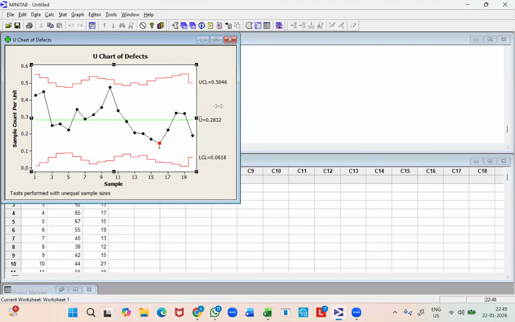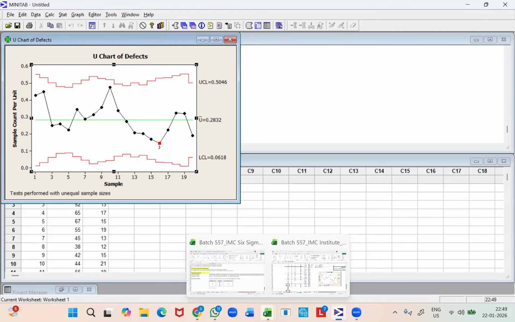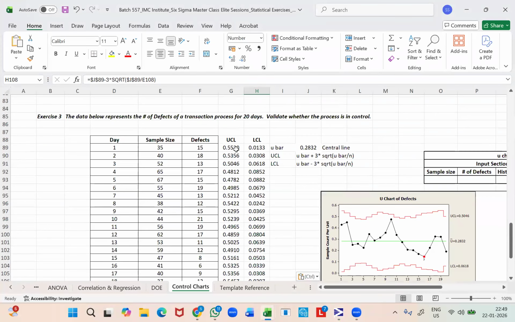But if you want to find out the LCL and UCL values for a particular day, you need to keep the cursor on top of this bar. So for the first day, the LCL value is 0.0133 and the UCL value is 0.5530.